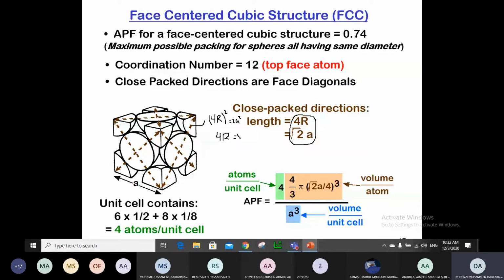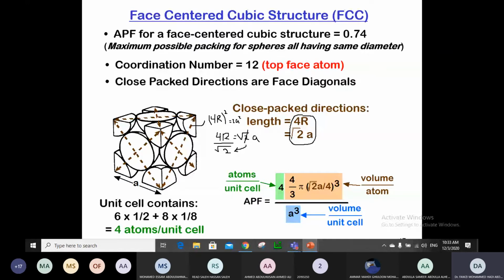If you take the square root of both sides, 4R equals the square root of 2 times A. Very simple. Now from there, A is equal to 4R divided by the square root of 2. You just cancel A here and bring it there.